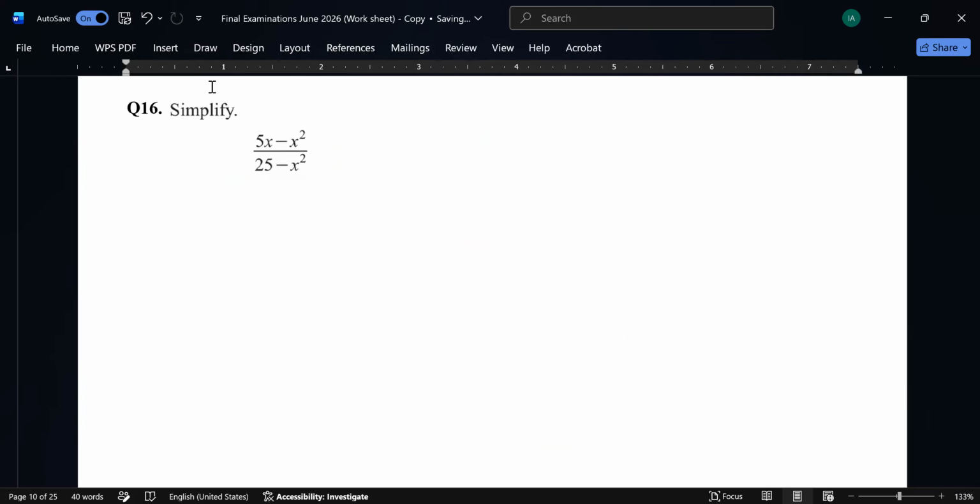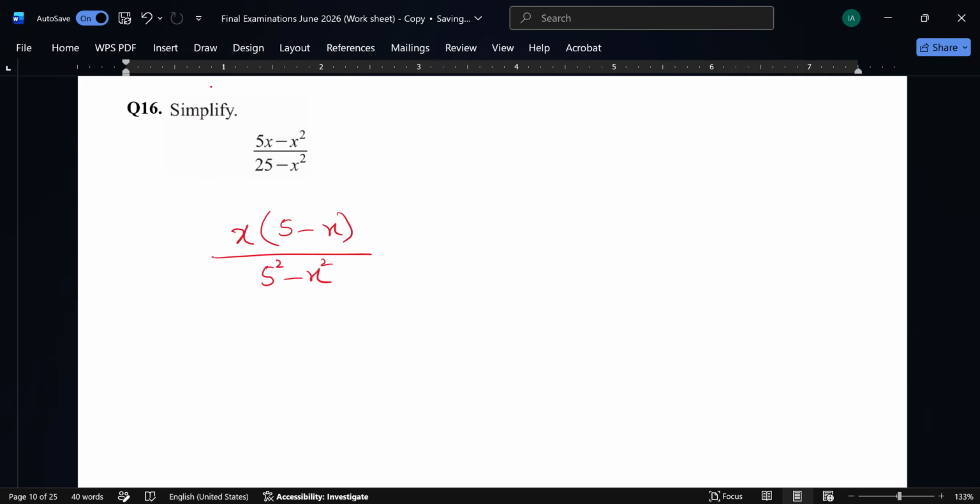They ask you to simplify. Now, if you look carefully in the numerator, something is common, and which is x. So as I take x common in the numerator, it's going to be x times (5 minus x). But in the denominator, nothing is common. What I can do is replace 25 by 5 squared. By doing this, what happens?